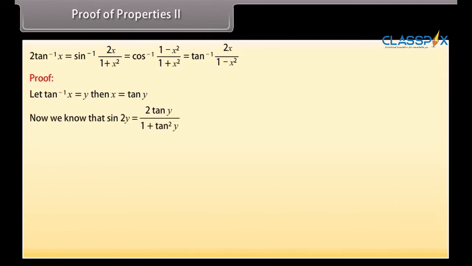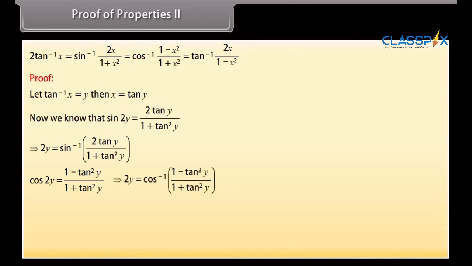Now, we know that sin 2y is equal to 2 tan y by 1 plus tan square y. It implies that 2y is equal to sin inverse of 2 tan y by 1 plus tan square y. Cos 2y is equal to 1 minus tan square y by 1 plus tan square y.